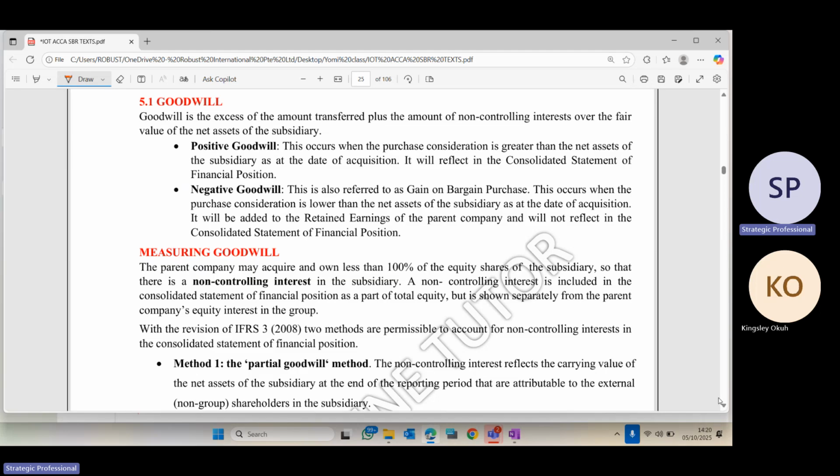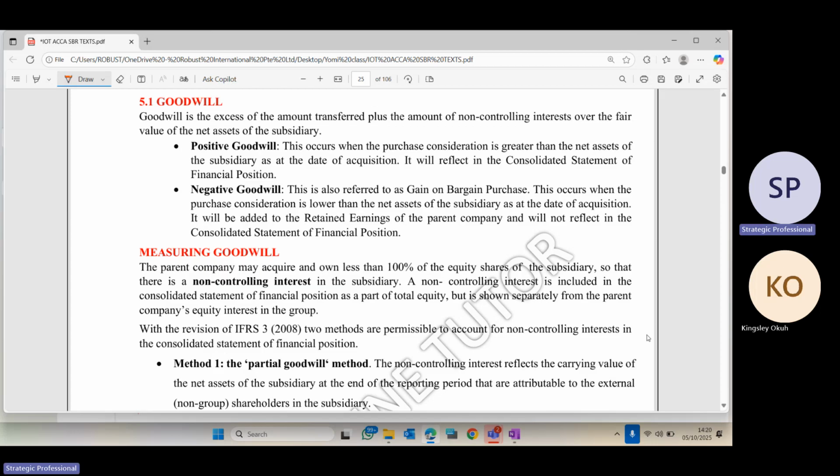While positive goodwill is where the purchase consideration is greater than the net asset of the subsidiary at DOA, negative goodwill is where the purchase consideration is lower than the net asset of the subsidiary at DOA. And this will be added to the retained earnings of the parent company and will not reflect in the consolidated statement of financial position.